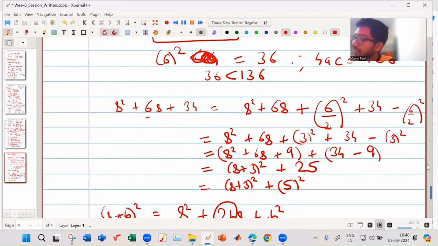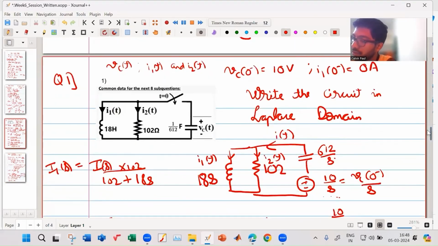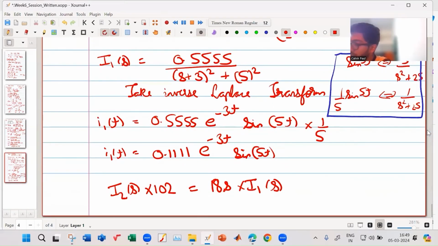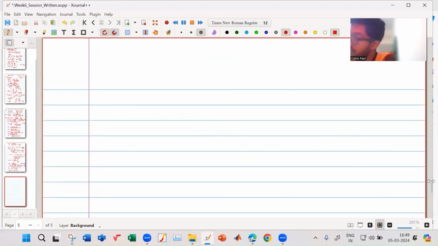How do I get this? The voltage over here is common. 18s into I1 of s is equal to 102 into I2 of s. So I'll go to a new page.